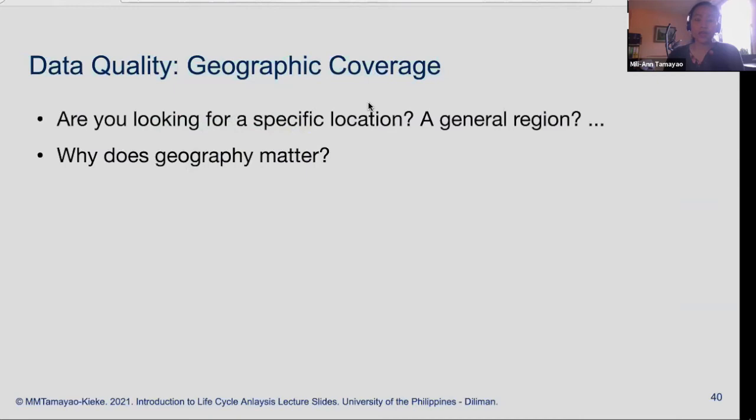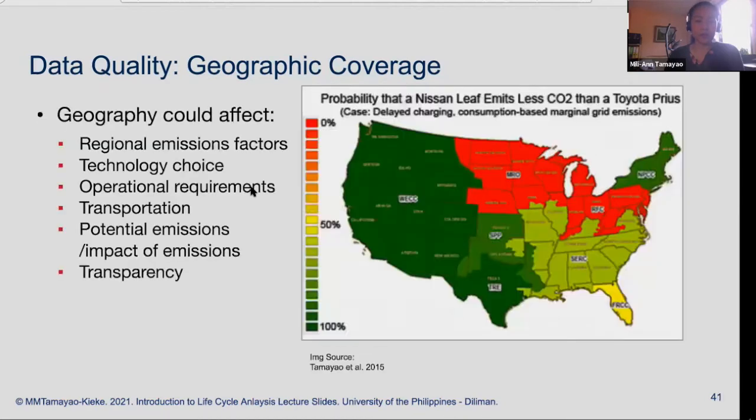So, geographic coverage. Some questions that might be helpful for you. Are you looking for a specific location or a general region? Why does geography matter, for example? Let's look at this example.